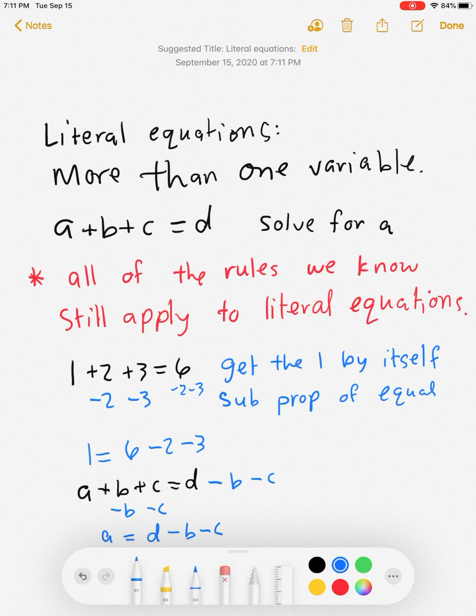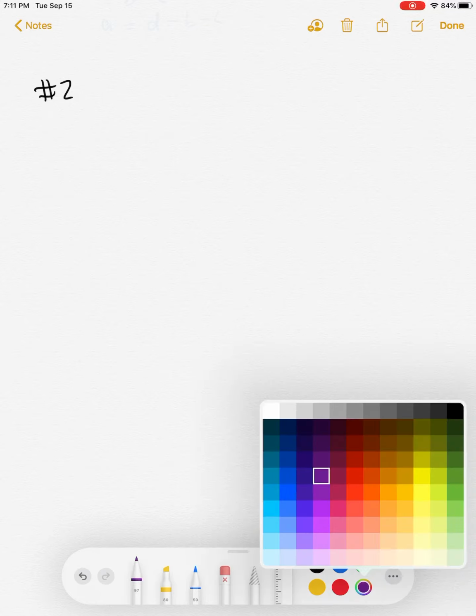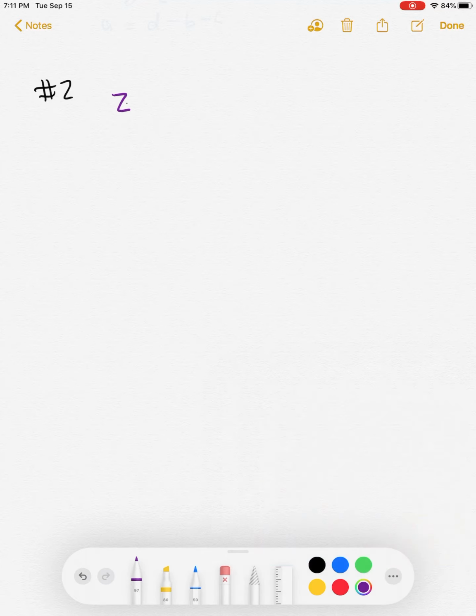Let's go ahead and try a few more examples from the homework. This is number 2. We have, I'm going to write it in purple because I'm going to live my life that way, Z equals 3 over 2x. We want to solve for x.